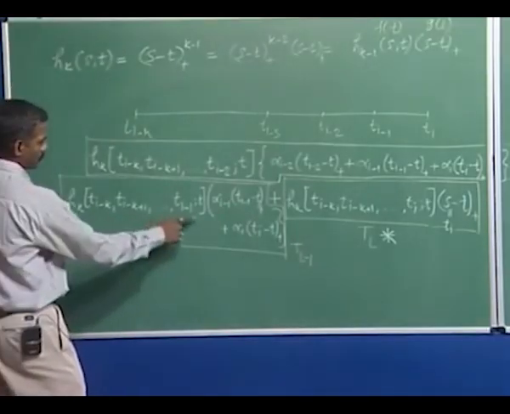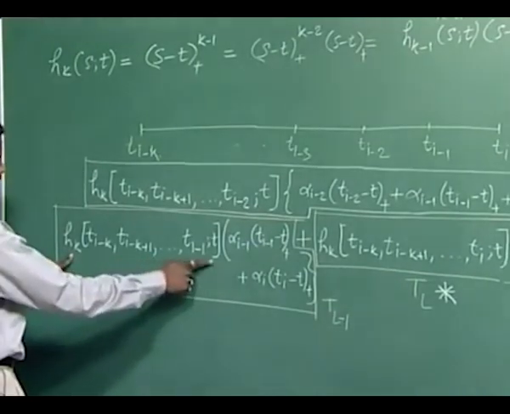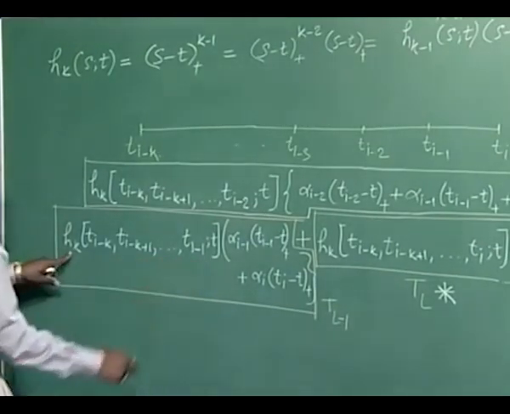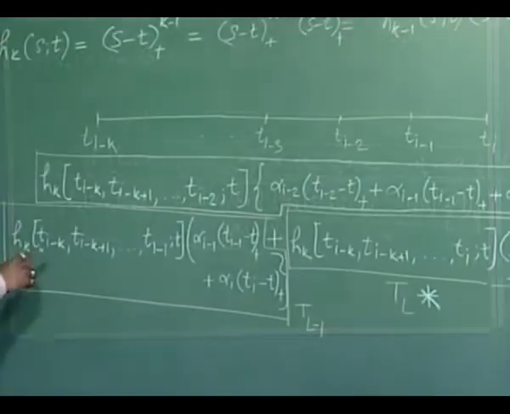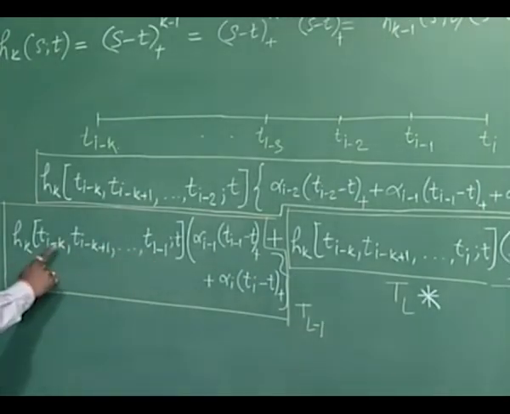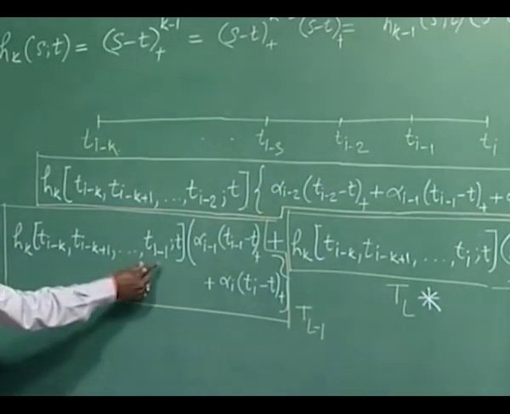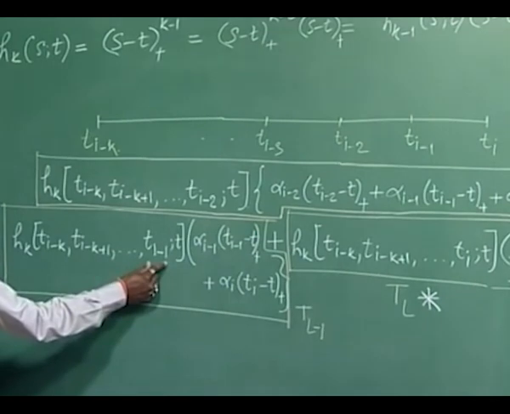Now let's concentrate on this term here. Can you figure what this term is? This is the (k-1)th divided difference of h_k. The last number here corresponds to t_{i-1}.